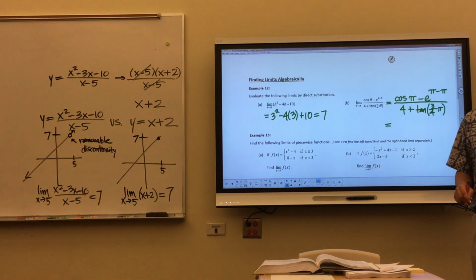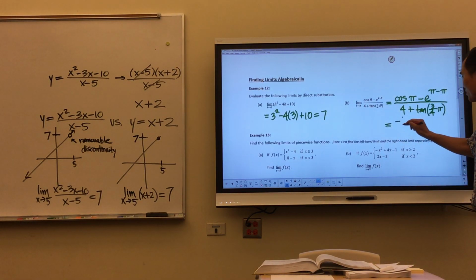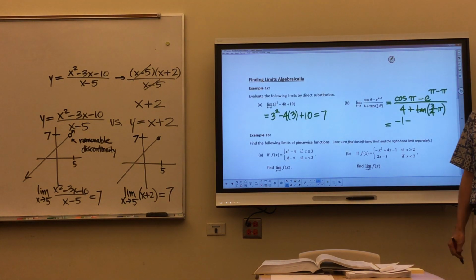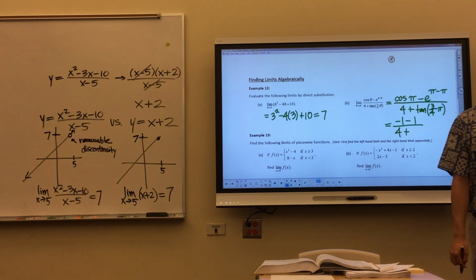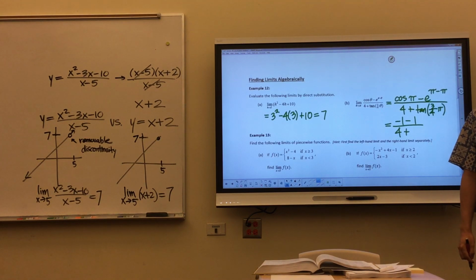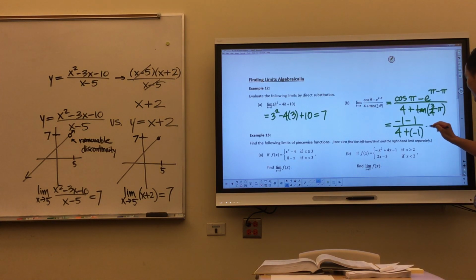Cosine pi, negative 1. E to the 0 power, 1. Plus tan of 3 pi over 4, negative 1. Okay, I'm a bit rusty. All right, so that's negative 2/3.